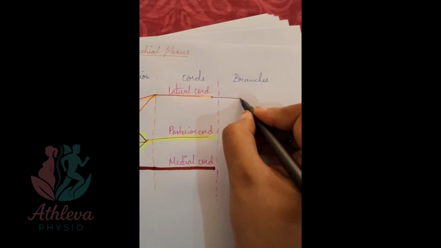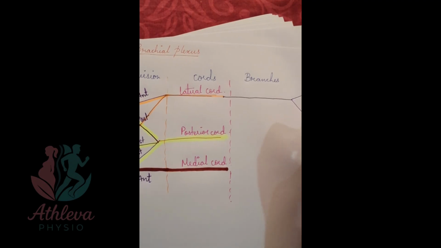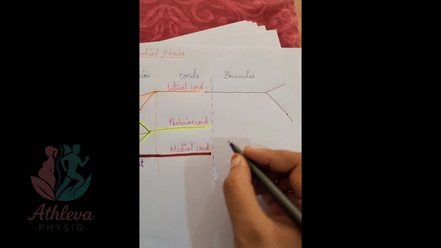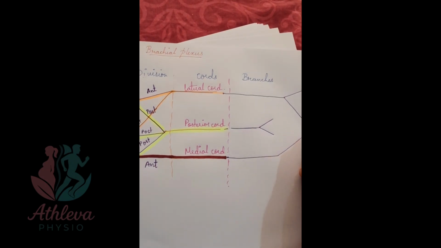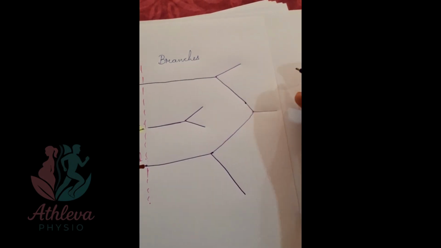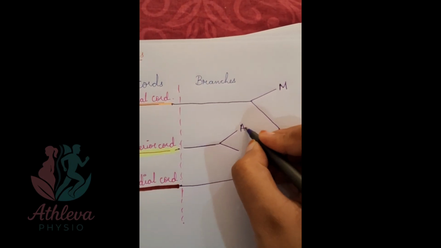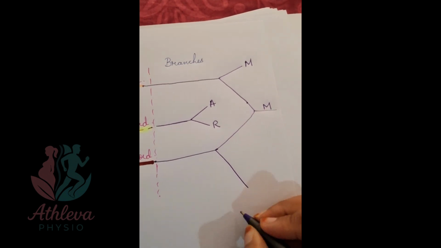Now we'll make up the branches in the form of a Y. And we'll name it as MARMU, M-A-R-M-U.